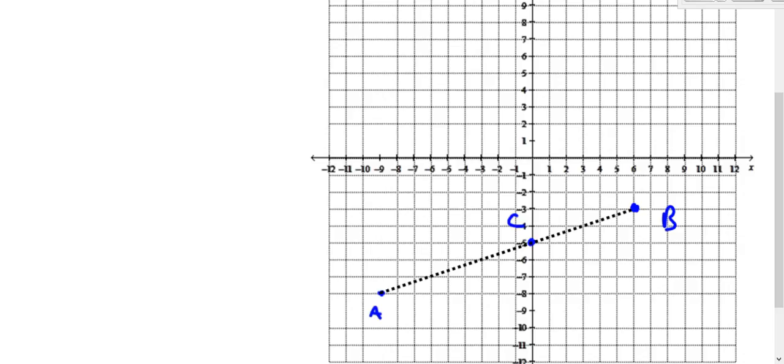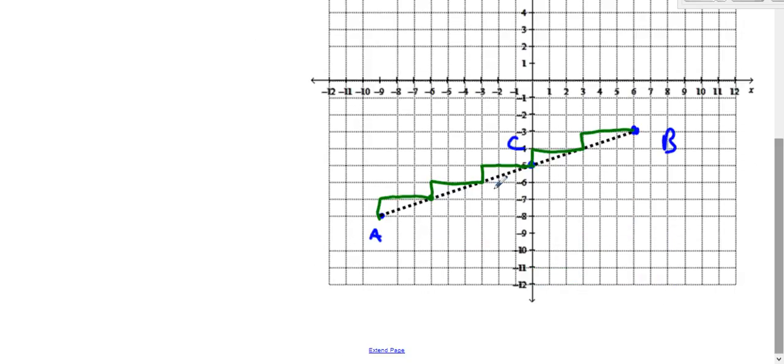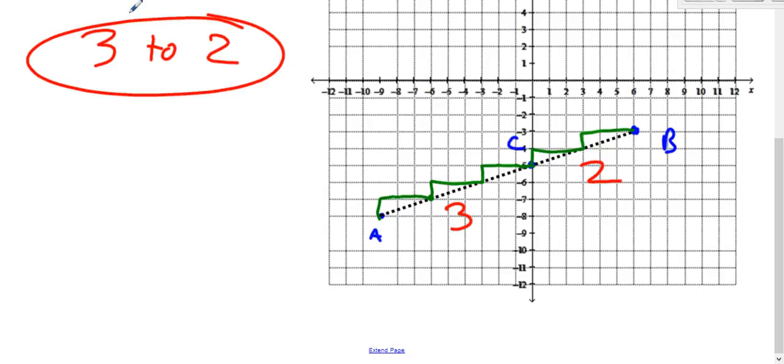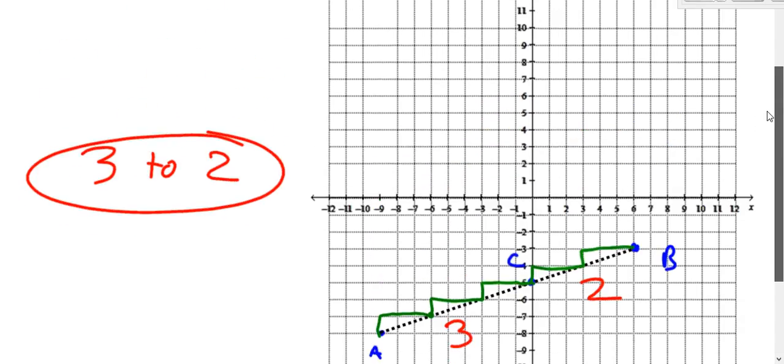Figure out the slope of that line. Appears like it goes up 1/3. Up 1/3. Up 1/3. And you just count how many times it was done on each side. Starting with A, 1, 2, 3. And then on the other side, 1, 2. So that's a 3:2 ratio.